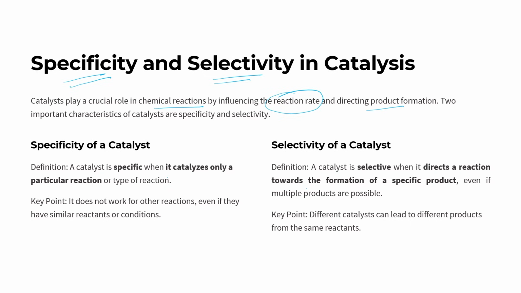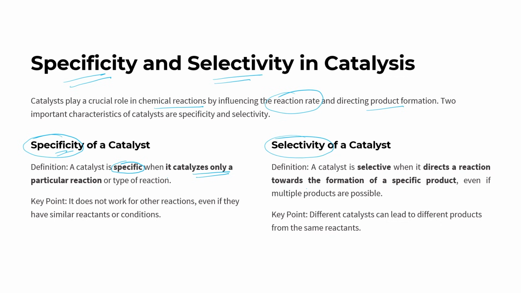The two most important properties that catalysis offers are specificity and selectivity. Now let us understand what is meant by specificity of a catalyst and what is meant by selectivity of a catalyst. As the name suggests, a catalyst is called specific when it catalyzes only a particular reaction or a type of reaction.